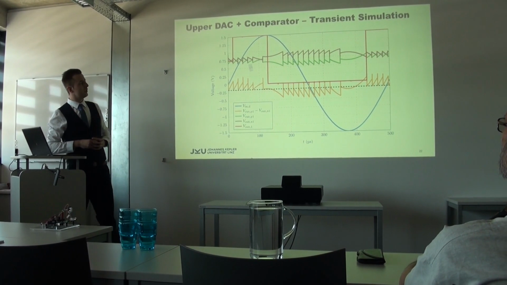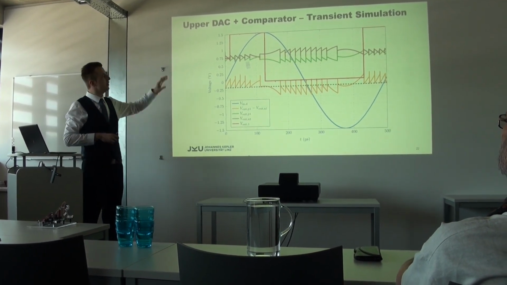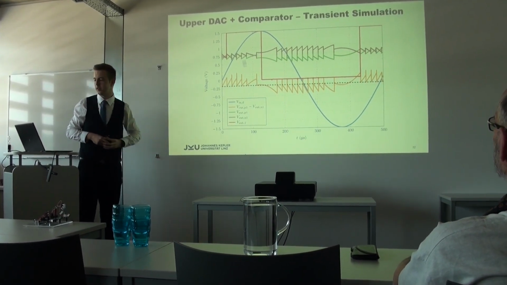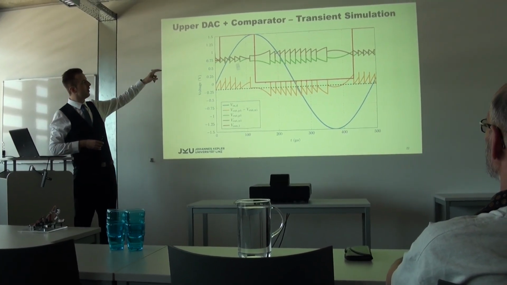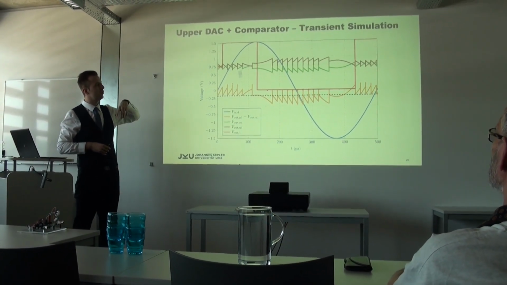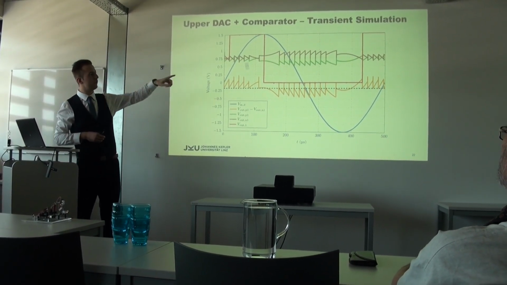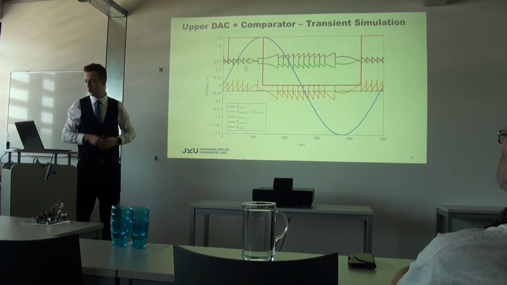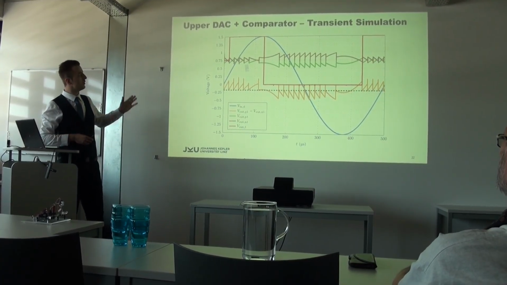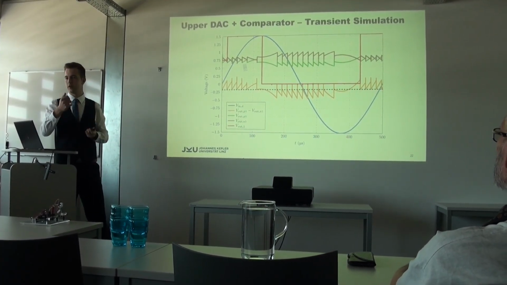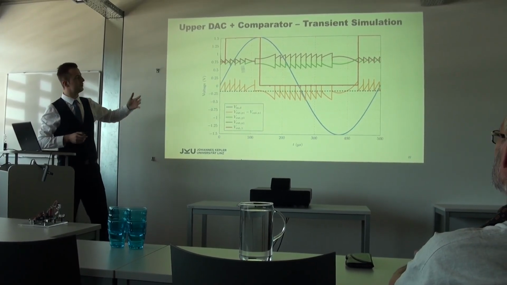And the functionality is shown here, so we can see the behavior of the fixed window architecture. In gray and in green we have the output of the DAC. The comparator output for the upper comparator is shown in red. So if the signal increases, the upper comparator is 1. If the signal decreases, it is 0.